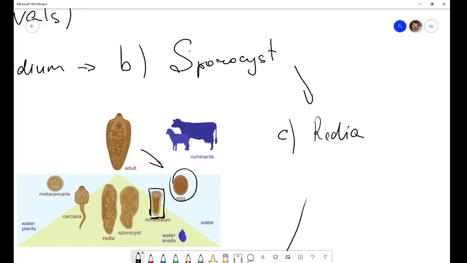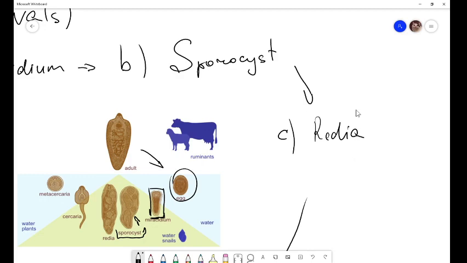And after the sporocyst, we can get a lot of daughter sporocysts, or one of these sporocysts develops into the redia. This is the sporocyst, it looks like this organism.